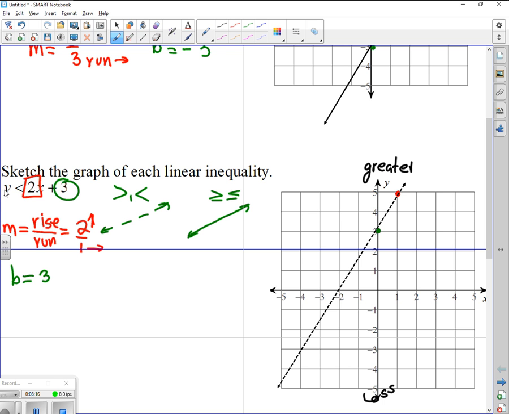Now, this y is less than, so it should be down here. What that is telling me is I should be shading beneath the line. So let me shade beneath the line.